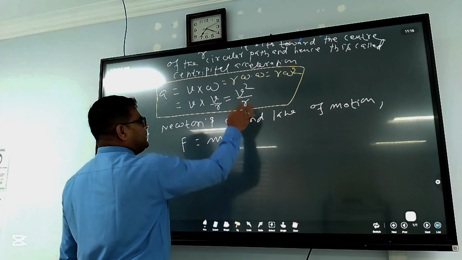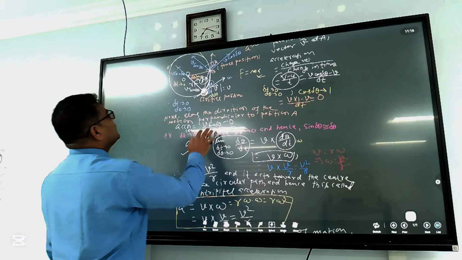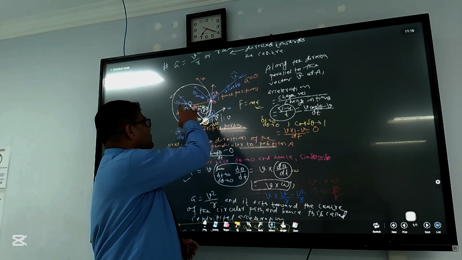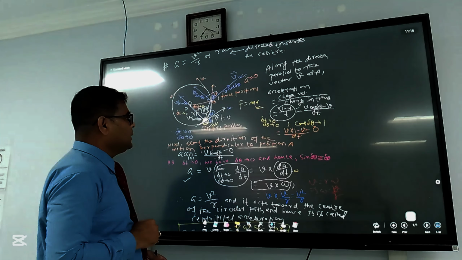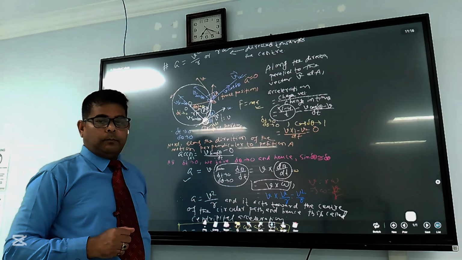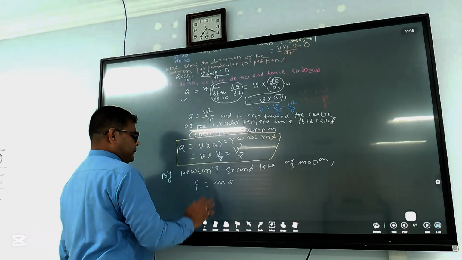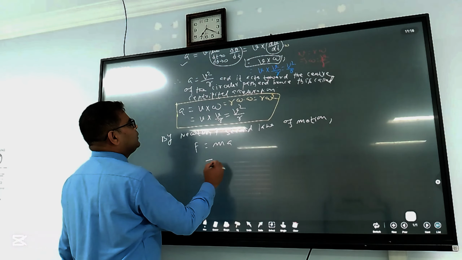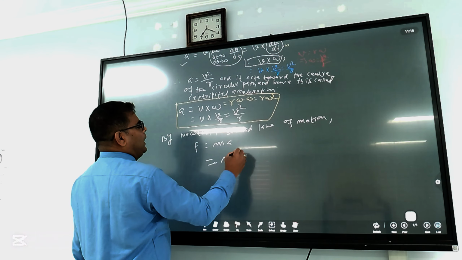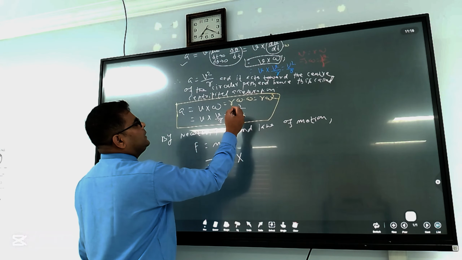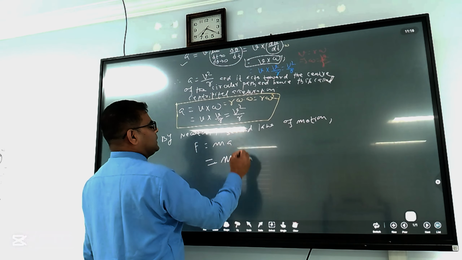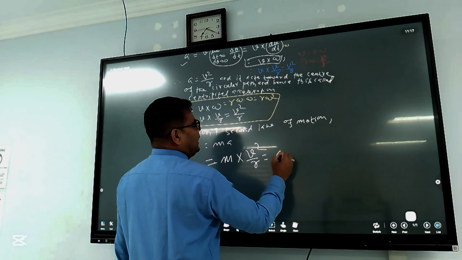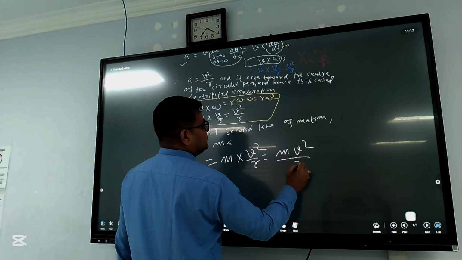So here, as I discussed earlier, the force due to the acceleration acts towards the center, and the force is the product of mass and acceleration by Newton's second law of motion. F equals ma means we have m, and then for a we take firstly the most popular value, v squared by r, so that is mv squared by r.